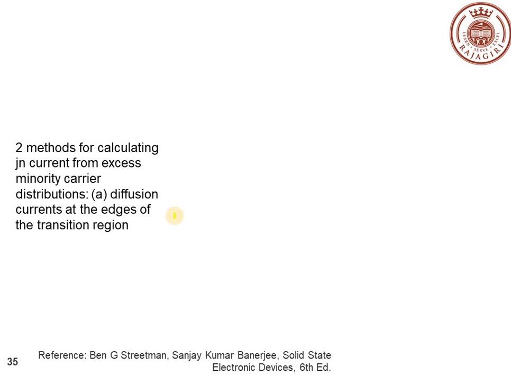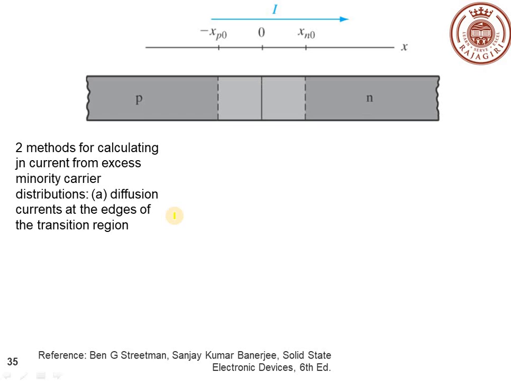There are two methods for calculating the junction current from the excess minority carrier distribution. The first method we have seen, which is diffusion at the edges of the transition region. That means we have a transition region of width W, whose edges are Xn0 and minus Xp0.